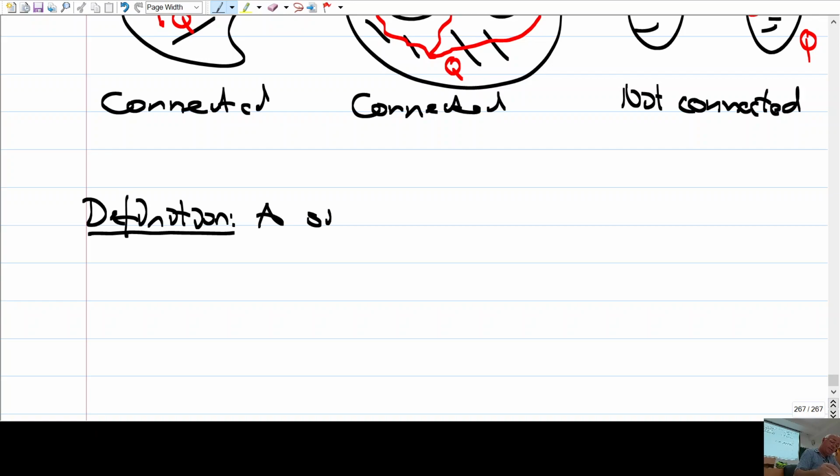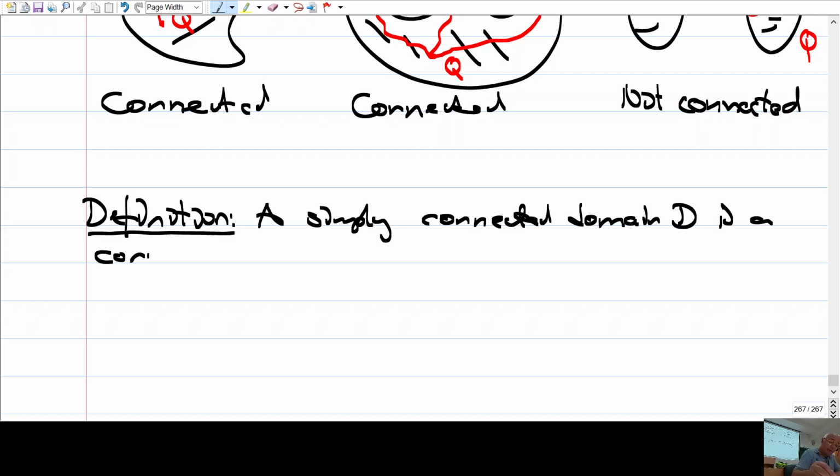Okay, a simply connected domain D is a connected domain.